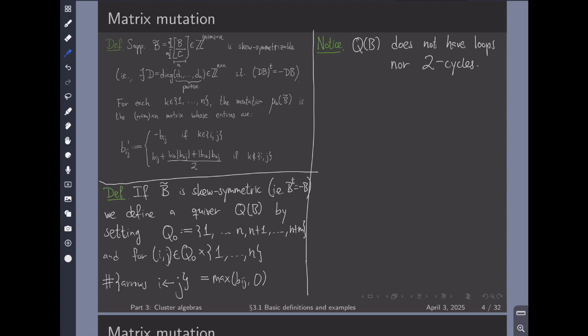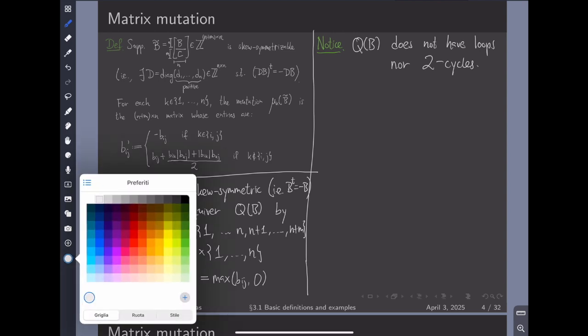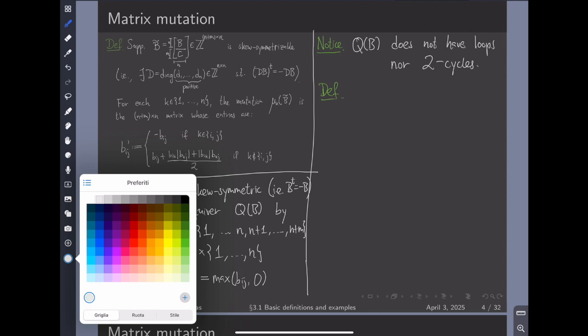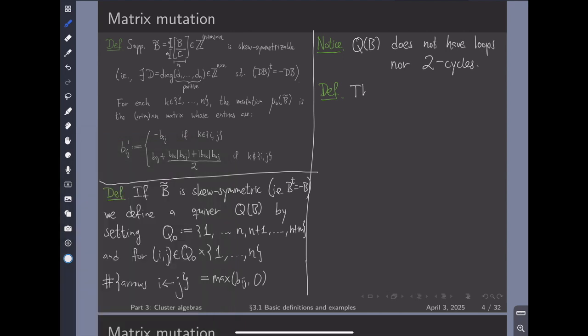Okay. Now we call the vertices, another definition, the vertices from 1 to n are called mutable.